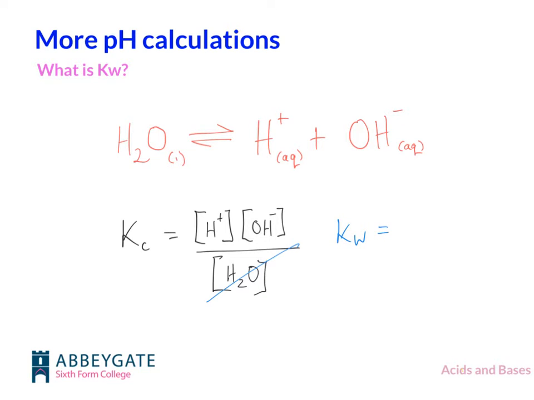And Kw is equal to the concentration of the hydrogen ions times the concentration of the hydroxide ions. And this is known as the ionic product of water.